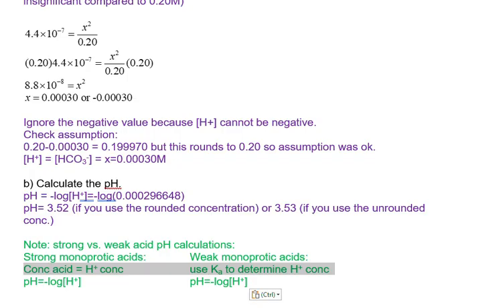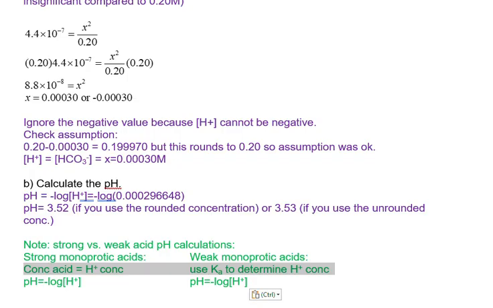For the weak acids, we have to do this whole Ka thing before we get the hydrogen ion concentration, and then we can put in pH is equal to negative log H. So those two are really different from each other, so make sure if you are asked for the pH of an acid, the first thing to do is check, is this a weak acid or is this a strong acid? If it's a weak acid, you got to use the Ka.